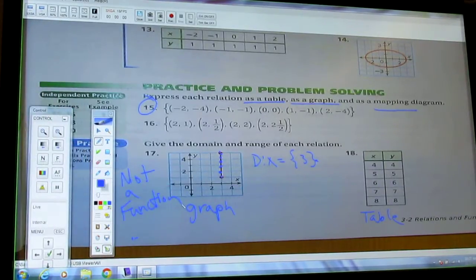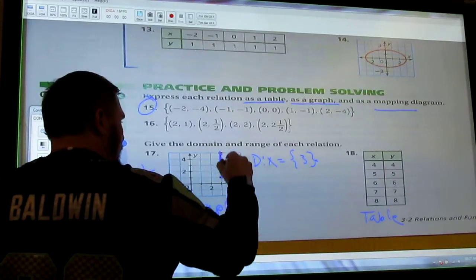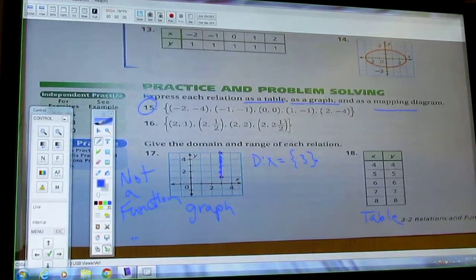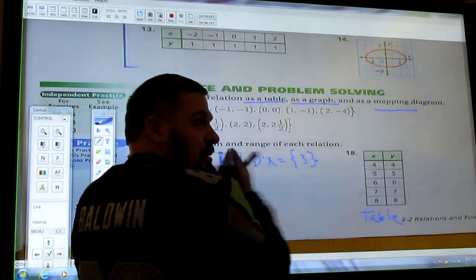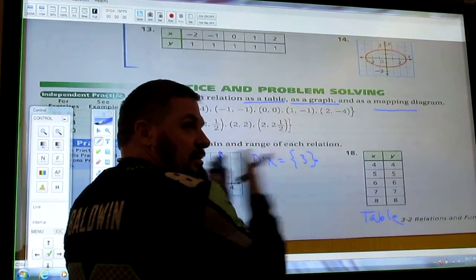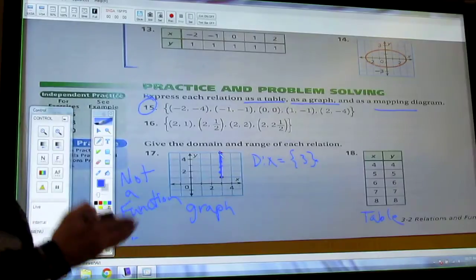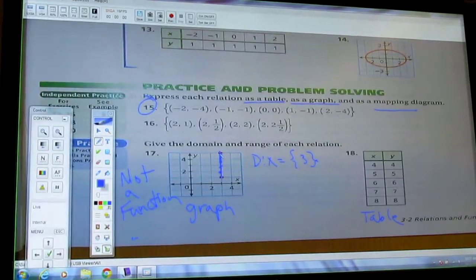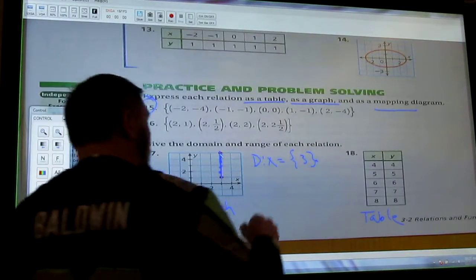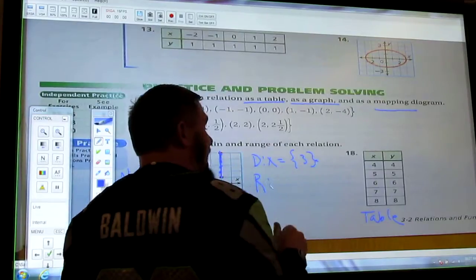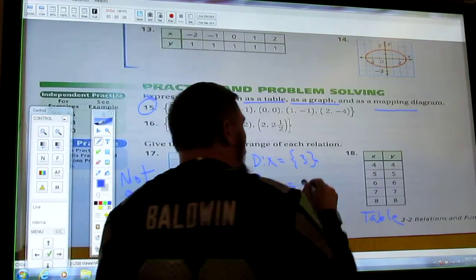Okay, so we know that the domain is 3. But what's the range? This is what we've been working on, right? Domain. How wide is it? It's just 3, right? This is the hard one you had. Now what's the range? R such that y is equal to what?